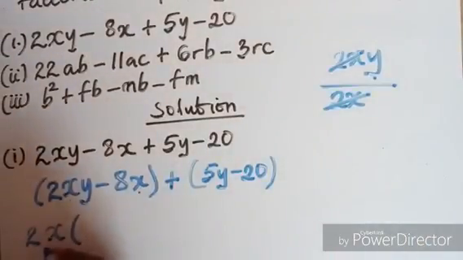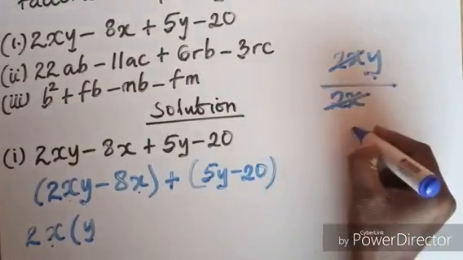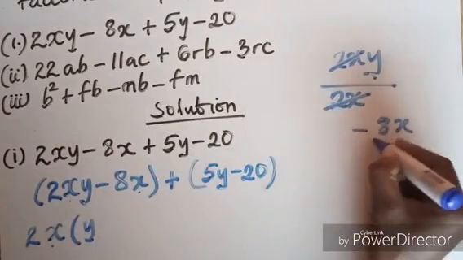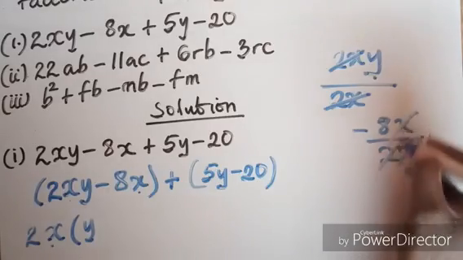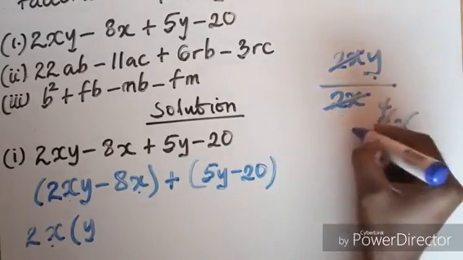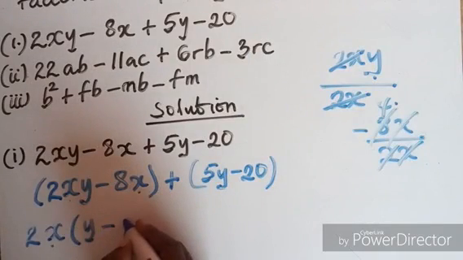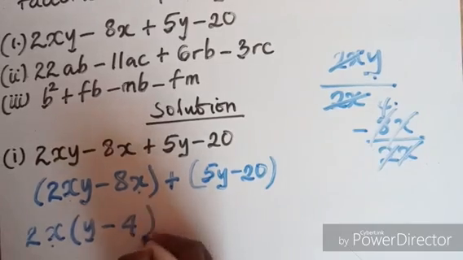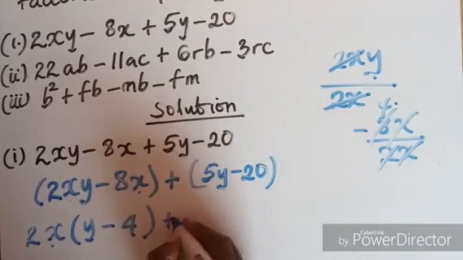And again, minus 8x divided by 2x, x cancels x, and 2 goes into 8, 4, which is minus 4. I close this bracket. My operation sign is still positive here.